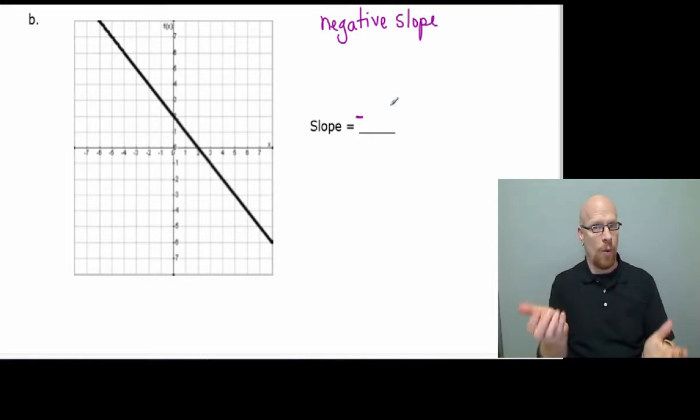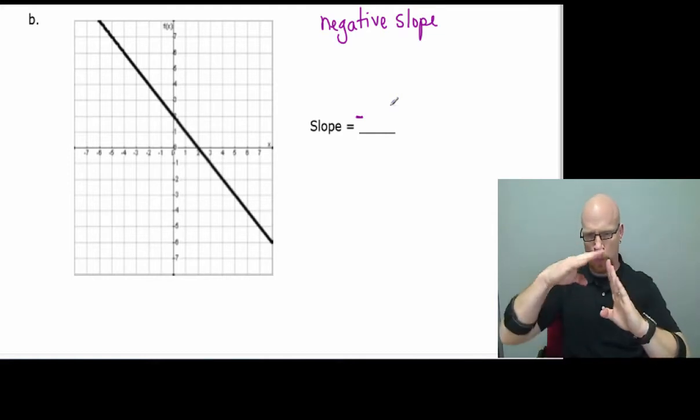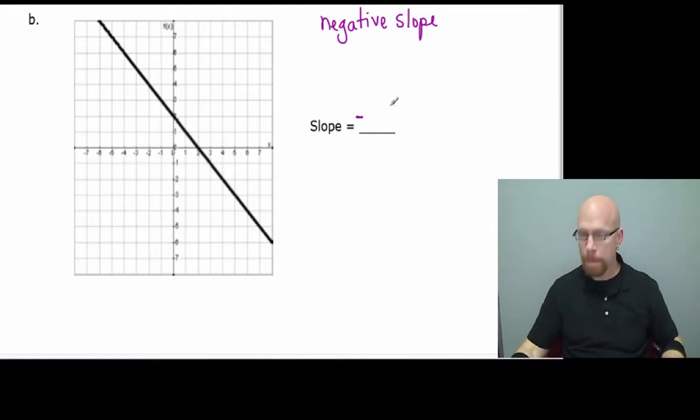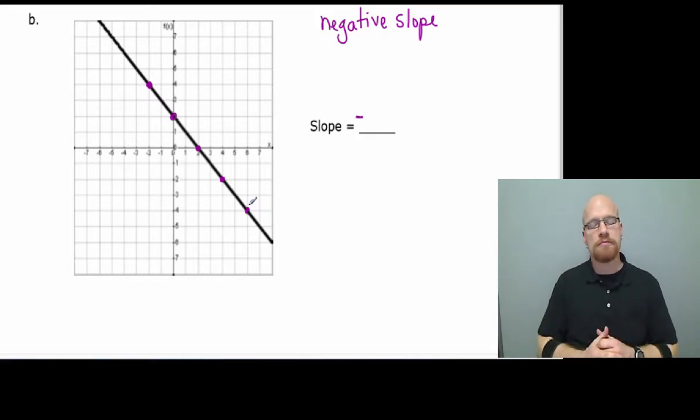Again, we need to find 1 or 2 places on the graph where this line crosses through an exact corner. Well, I picked more than 2. There are several choices.